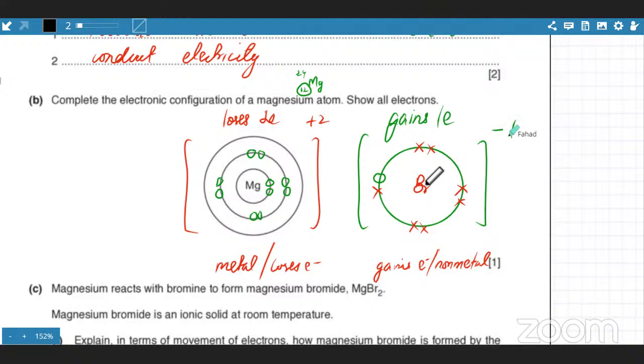Now, there should be 2 bromines over here. Why? Because magnesium was losing 2 electrons, so the outer shell 2 electrons are lost. Bromine was only gaining 1 electron, so there have to be 2 bromines. Otherwise, where would the other electron go? So 1 electron is gained by 1 bromine, and the other electron is gained by the other bromine.